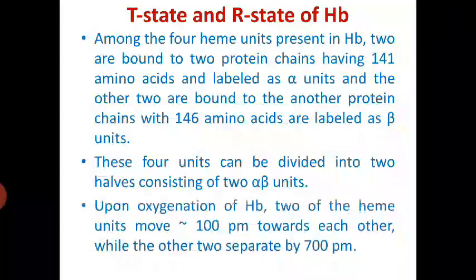Upon oxygenation of hemoglobin, 2 of the heme units move approximately 100 picometers towards each other. That means these 2 units move closer by 100 picometers, while the other 2 alpha beta units move apart or separate by 700 picometers.